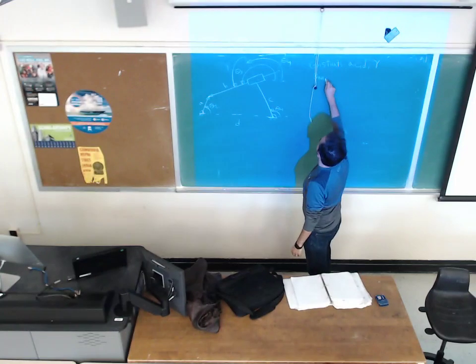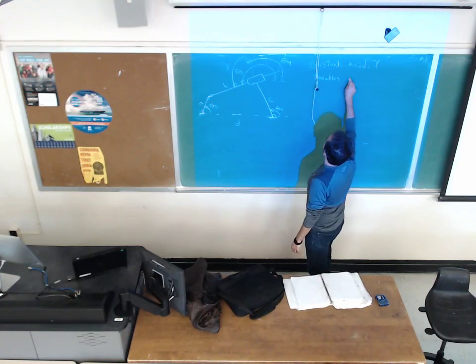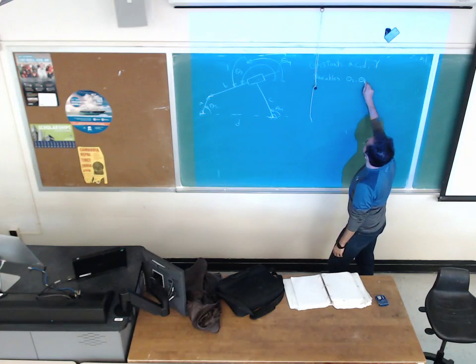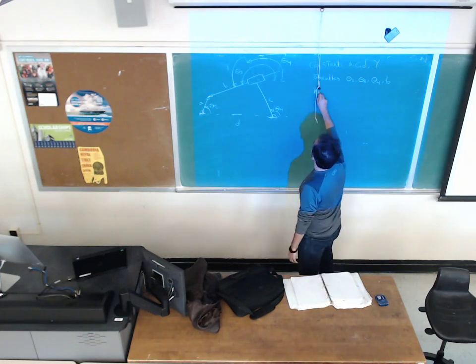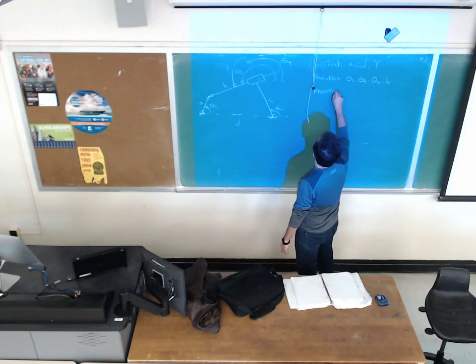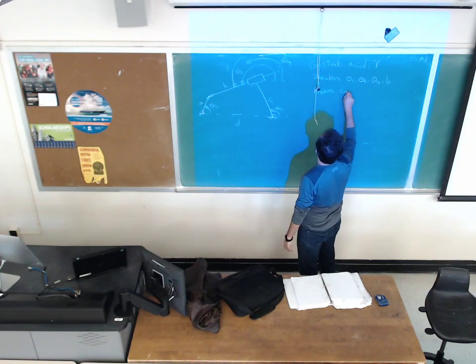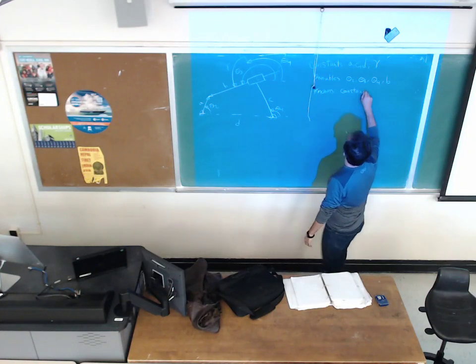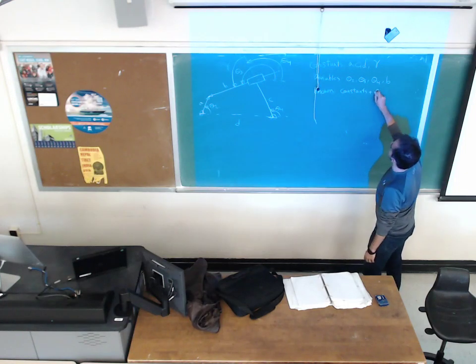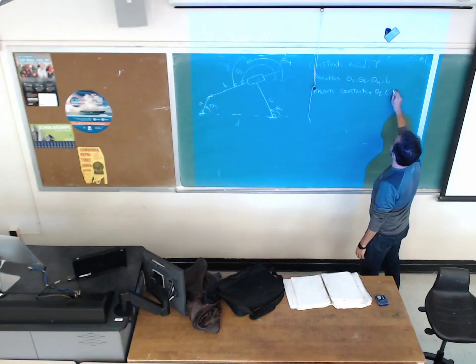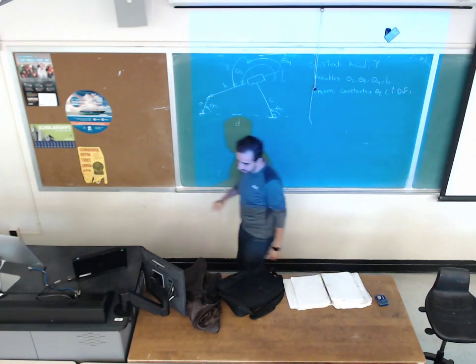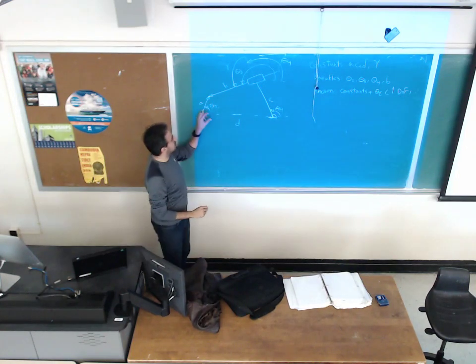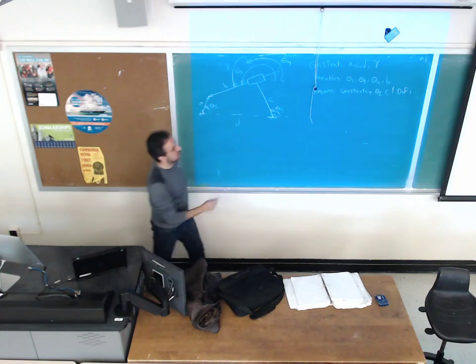Variables are theta 2, theta 3, theta 4, and B. Knowns are constants plus theta 2. 1 degree of freedom, so we should know one of the variables as a given or as input, which is theta 2 here.